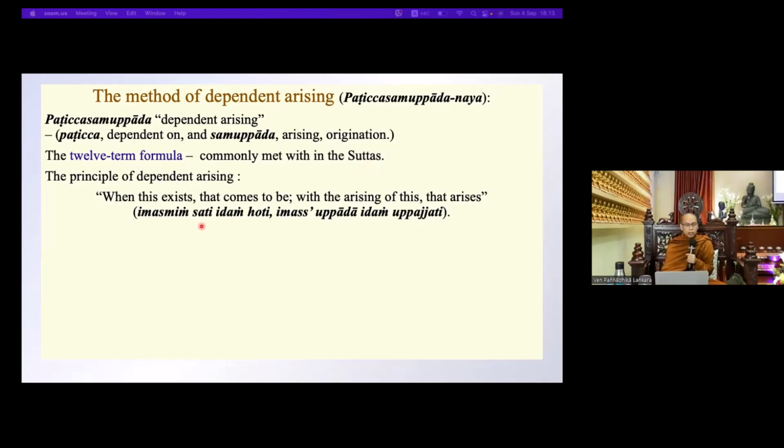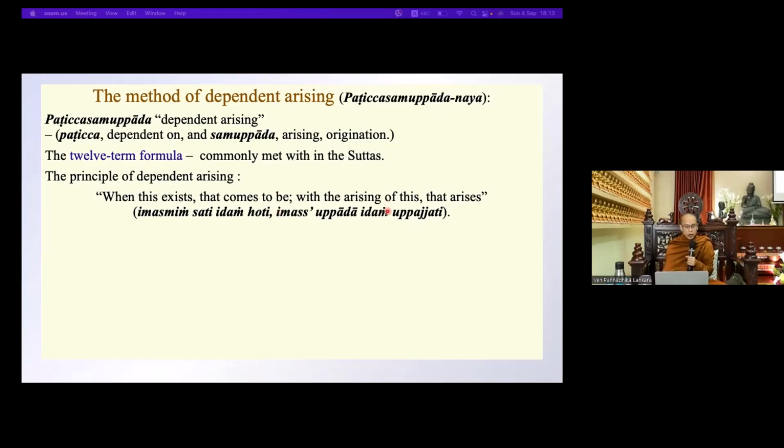The base of the Sutta teaching is: Imasmim sati idam hoti, imassuppada idam uppajjati. This is the first part of the verse. If we continue: Imasmim asati idam na hoti, imassa nirodha idam nirujjhati. So when something, meaning a condition, exists, the conditional state comes to arise, comes to appear.